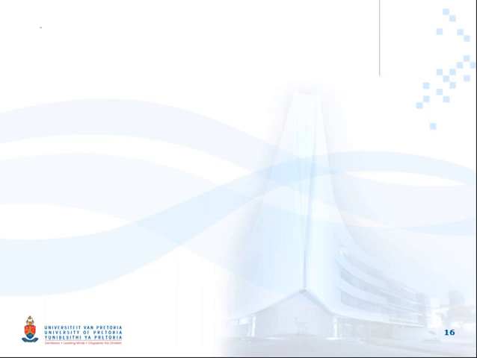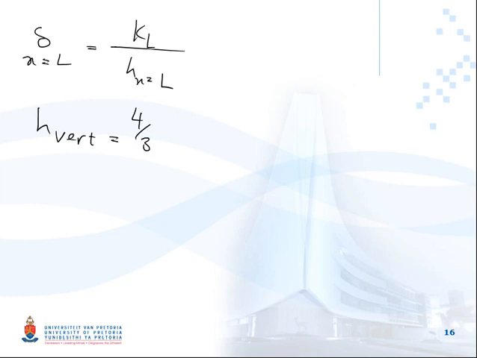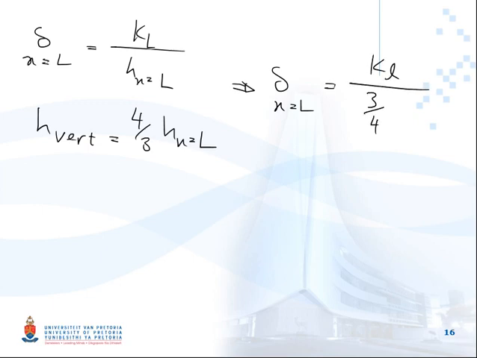When x is equal to L, delta is KL over h at x equal to L, and for the vertical plate we know that is 4/3 h at x equal to L. So delta at x equal to L is equal to 4/3 KL over h vertical.